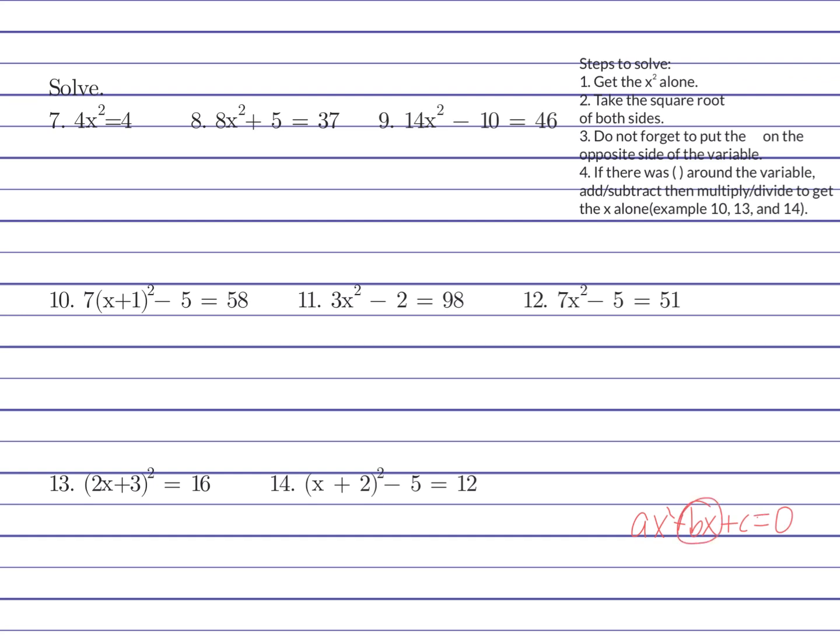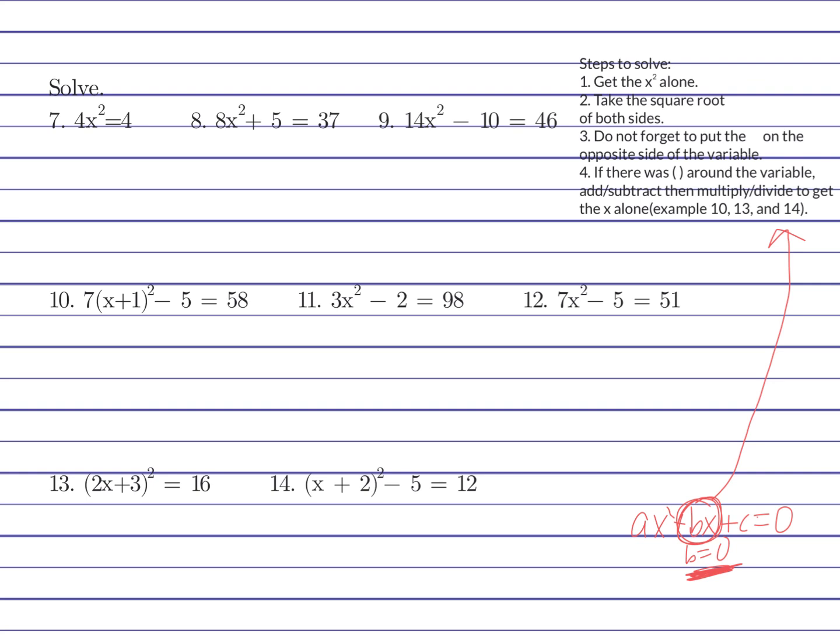When b is 0, it would look like all of these equations you see here. And when b is 0, then you use these steps. So remember that. The easiest way to solve when b is 0 is to do it the way I've instructed here.